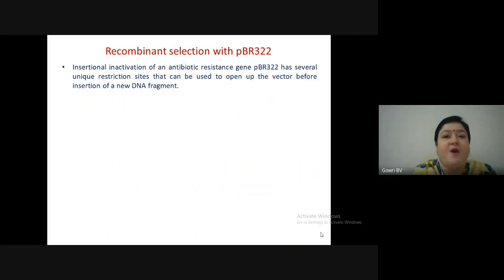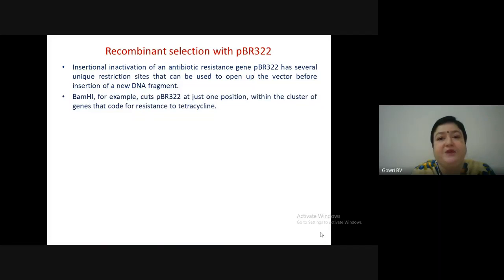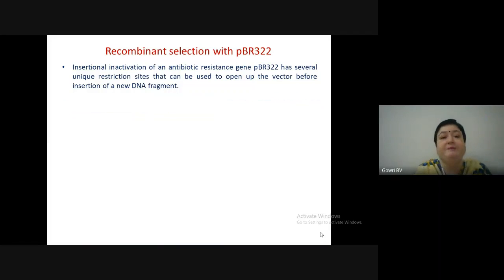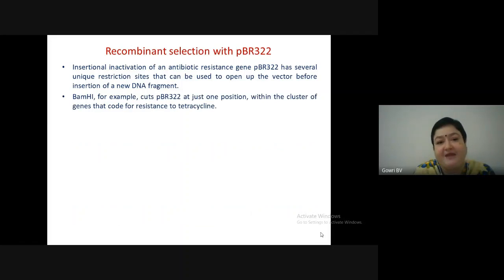How are recombinant molecules selected with pBR322? Insertional inactivation of an antibiotic resistant gene: pBR322 has several unique restriction sites that can be used to open up the vector before insertion of a new DNA fragment. One example is BamHI, which cuts pBR322 at just one position within the cluster of genes that codes for resistance to tetracycline.